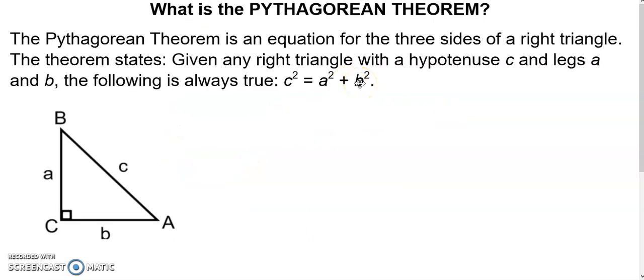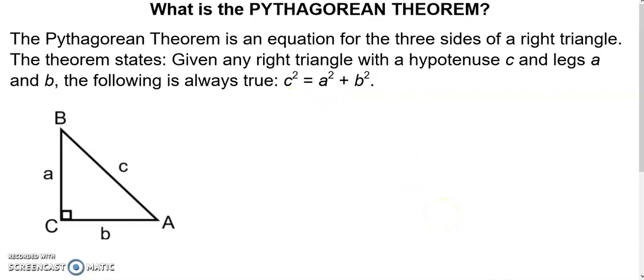When I have a right triangle, we can always find one side using the Pythagorean theorem. The Pythagorean theorem is just a fancy equation that states the three sides of a right triangle, if I've got two of them, I can find the third because this relationship is always true. The hypotenuse squared equals leg squared plus leg squared. C squared equals A squared plus B squared.